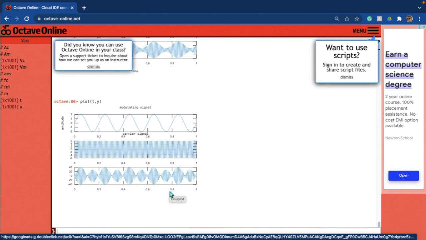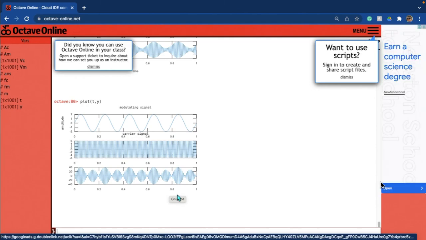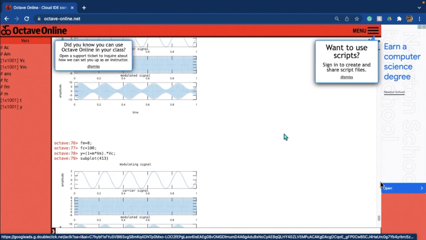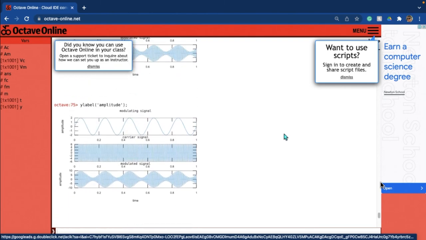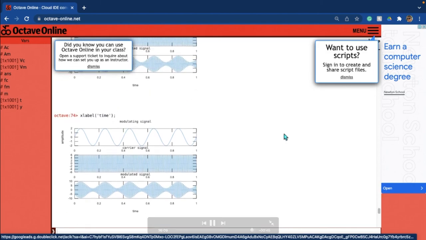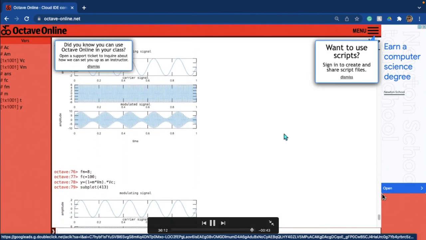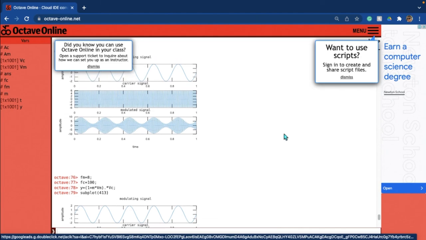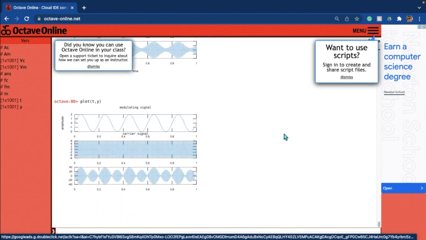So we are done with the AM. We have covered 3 cases. First case, when M was 0, so there was no modulation, and the modulated wave is the same as the carrier wave. Second case was when M is between 0 and 1. We get a wave like this one. This is for case 2. And then when M is 1 or greater than 1, it becomes like this.